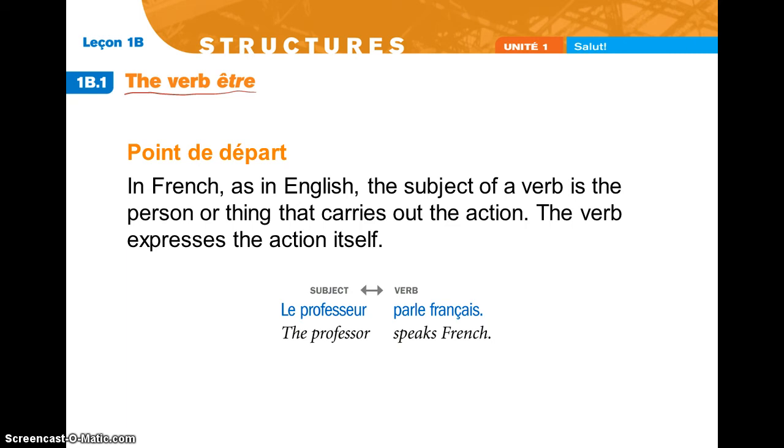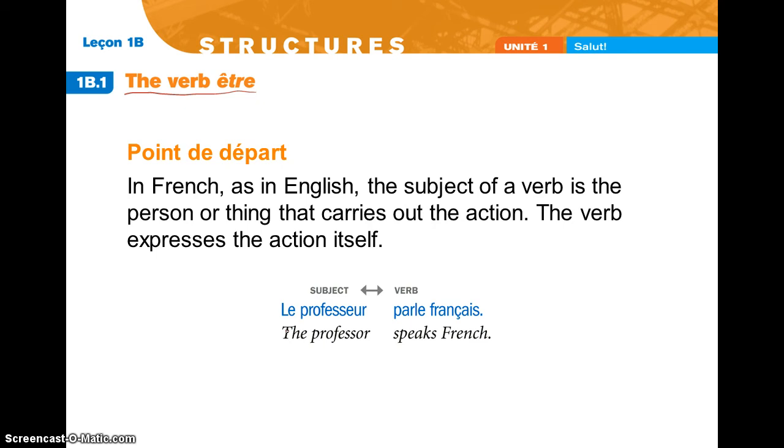Now that you're here, what you need to write down is this explanation that in French, like in English, the subject of a verb is the person or thing that carries out the action. The verb expresses the action itself. So let's see what we're talking about here.